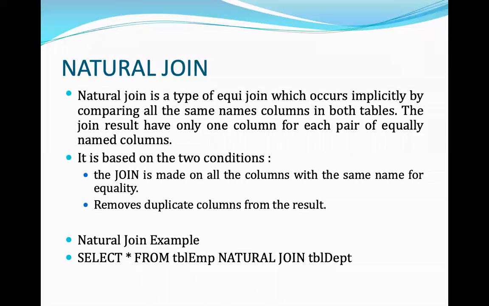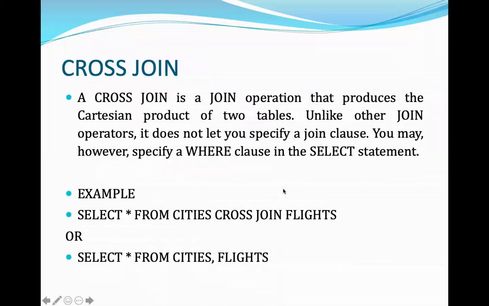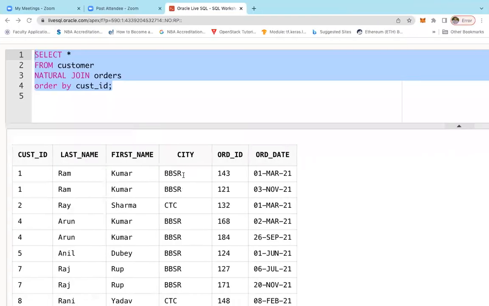Now, after that, we can see the cross join. What I told you, cross join is a Cartesian product. Let's say we have 5 rows in one table and 5 rows in another. This Cartesian product will produce how many rows? 25, 5 into 5. So let's see whether the same thing will happen here.